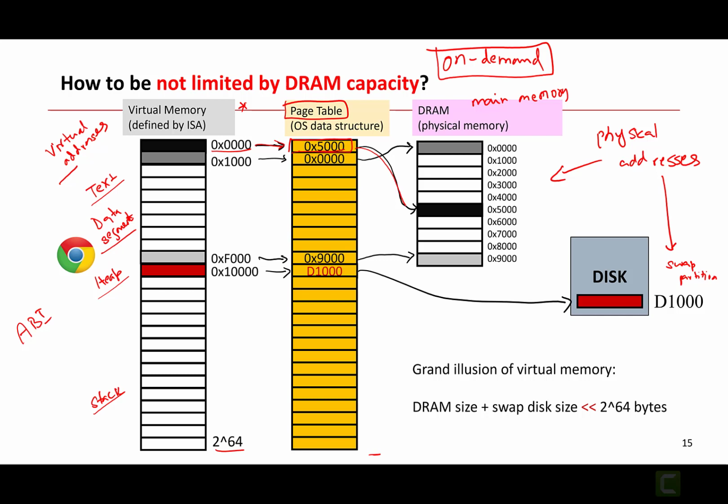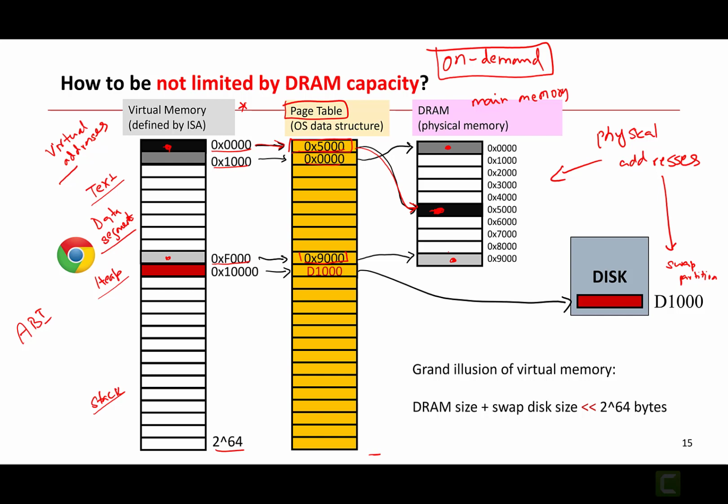You follow the arrows here and you will see that the black box representing the data stored in address 0 of the virtual memory is actually physically stored in address 5000 of your physical memory. And similarly, the data in address 1000, the darker gray, is stored at address 0 of the physical memory. And then the lighter gray, corresponding to the virtual address F30, is stored at the physical address 9000, and that's what you see here.